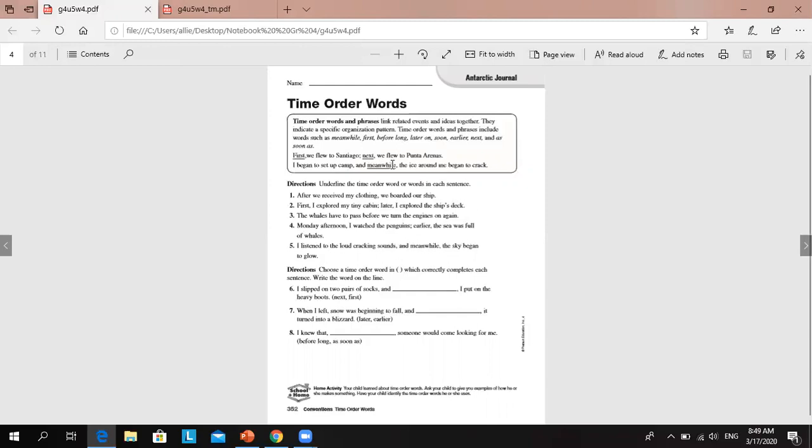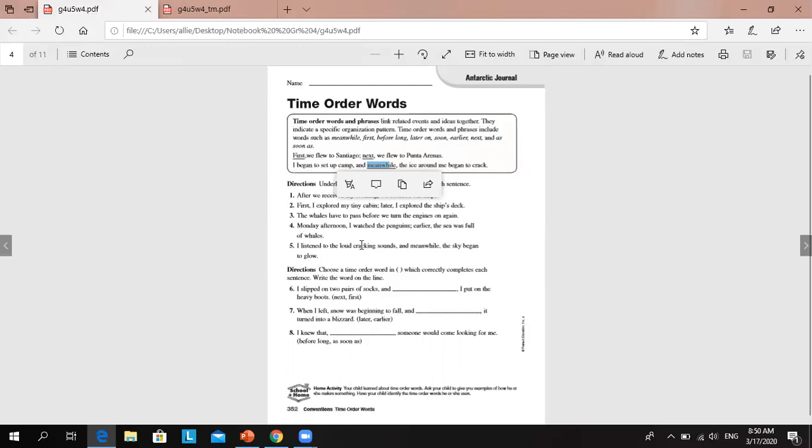So the word meanwhile here is the time order word telling us that at the same time when the person was busy setting up the camp, the ice also started to crack around him. And that is what time order words show us in sentences. They show us the arrangement of things and how they happened in relation to each other.